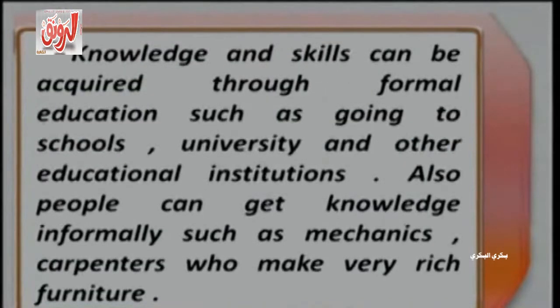Now see the passage. Knowledge and skills can be acquired through formal education, such as going to schools, university, and other educational institutions. Also, people can get knowledge informally, such as mechanics, carpenters, who make very rich furniture.